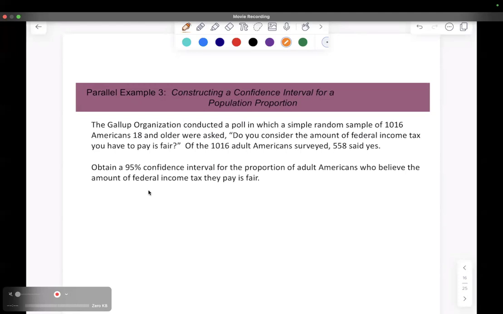So let's find p hat first. Everybody go ahead and find your p hat. What I'm going to do is have you do the whole thing, but I'm going to piece it out and say find this and then find this. So go ahead and find your p hat.